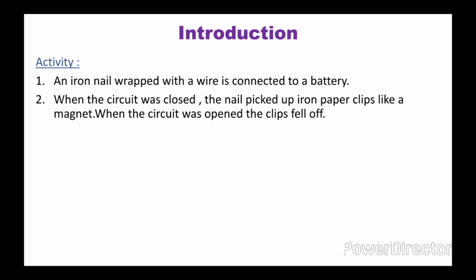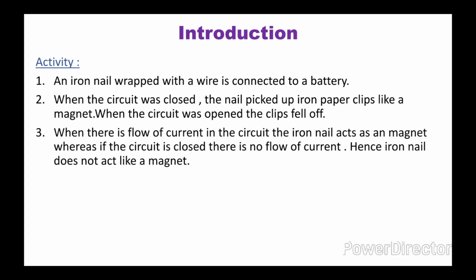And when the circuit is open, that means when you switch off the circuit, the clips will fall off. So what do you understand from this? When there is flow of current in the circuit, the iron nail acts as a magnet, whereas when there is no flow of electric current, it does not act like a magnet.